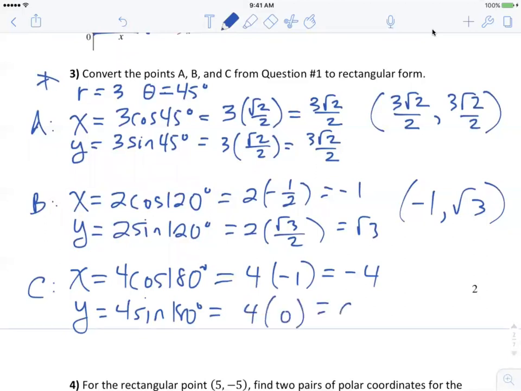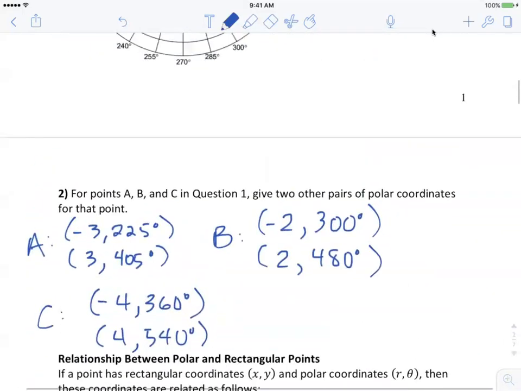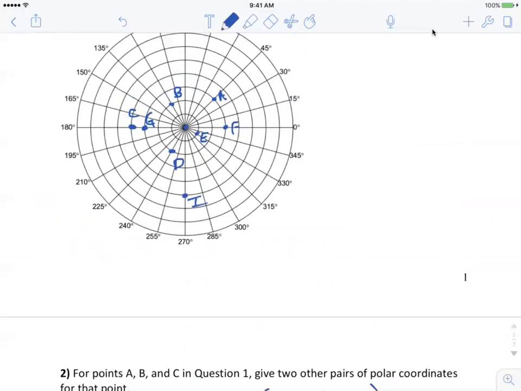So that's 0. So this point will be -4 comma 0, x comma y, which seems to be right. That one's visually correct, right? Point C, remember where that was, right there. That's -4 comma 0 from our old standard xy, right? -4 on the x-axis, 0 on the y. Okay.